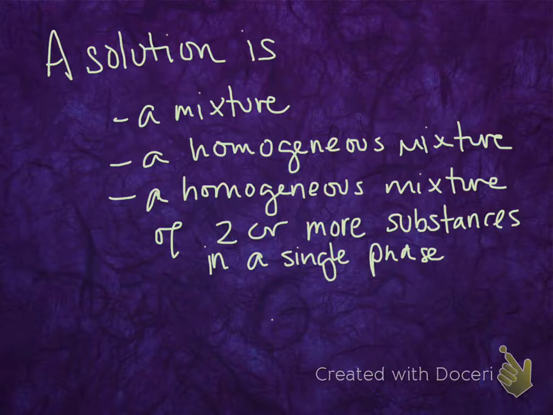Phase means state of matter. So everything in a solution is going to be in the same state of matter, and it's going to be distributed evenly throughout. It sort of starts to look like a single thing, but it's not. The materials are still distinct and can be separated. It's still a physical mixture.